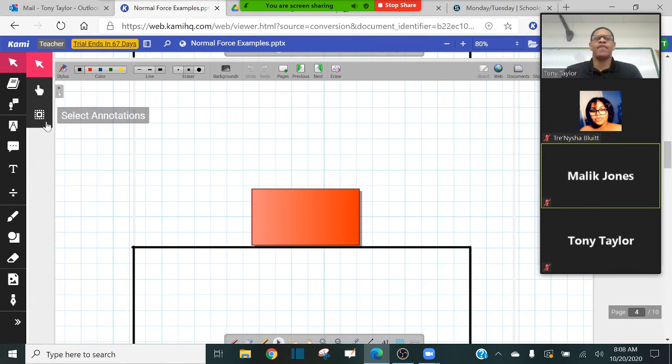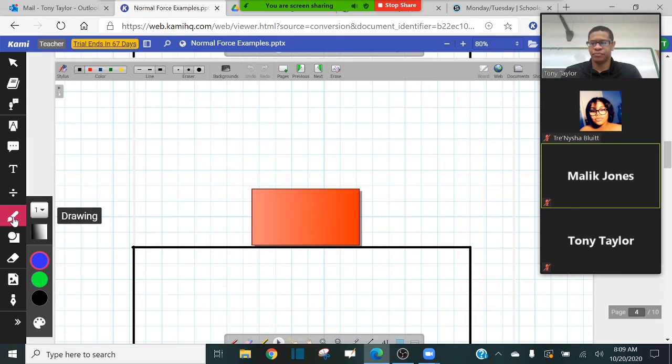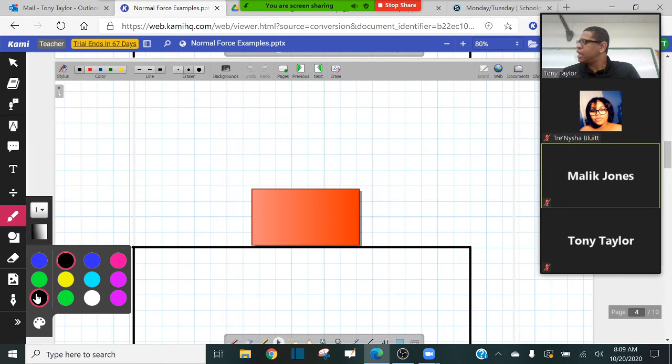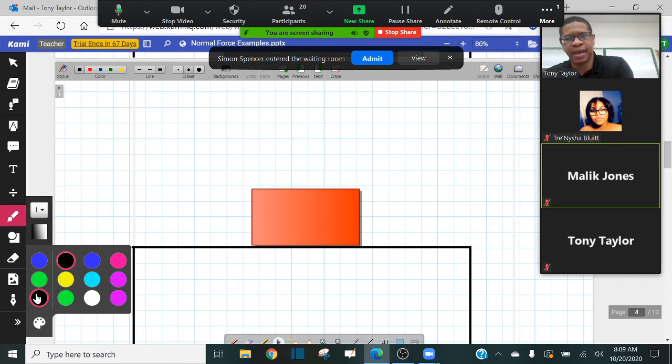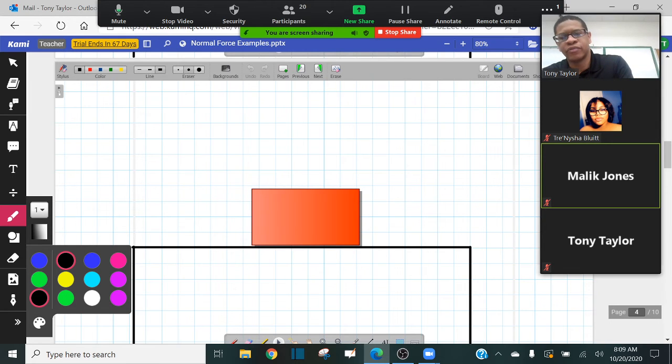Let us assume that we have a red box sitting on a table here. And this red box has a mass of 8 kilograms.